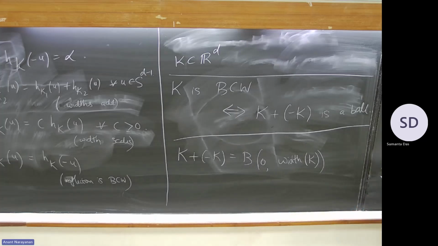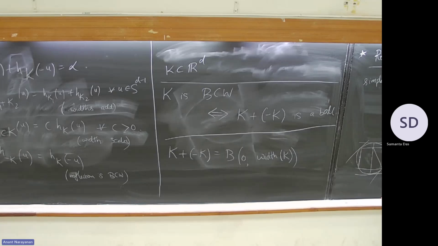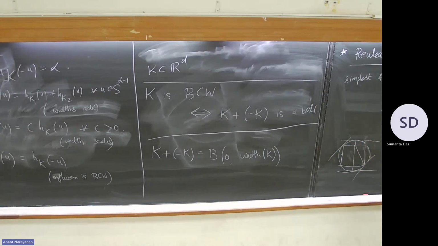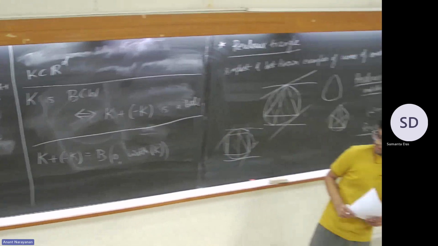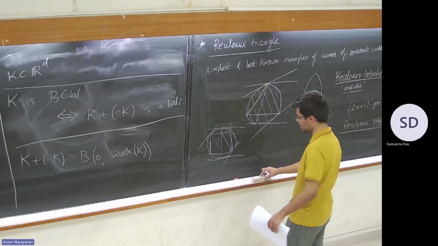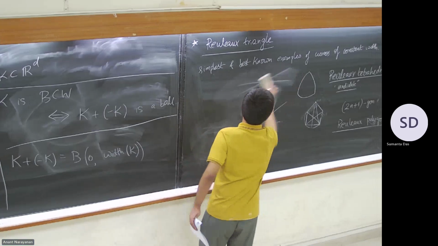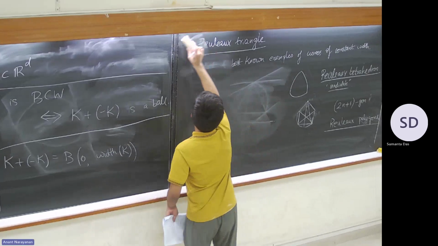So that's what I'll move on to now. You have this class of bodies, and a very nice operation under which these objects interact very nicely. You have this beautiful characterization which tells you that if you take the combination of K with its reflection, that is a ball, which is very strong, according to me. And now we use this to answer certain questions that we might have.